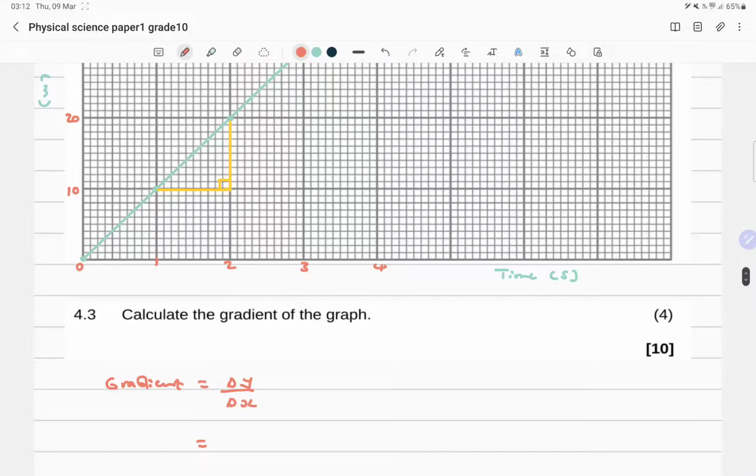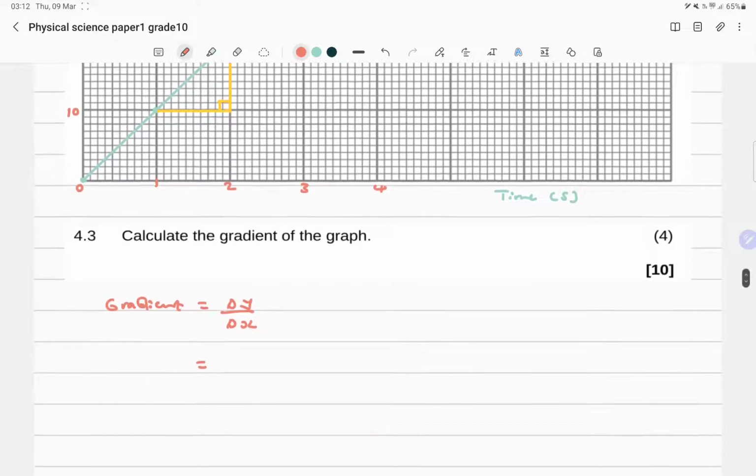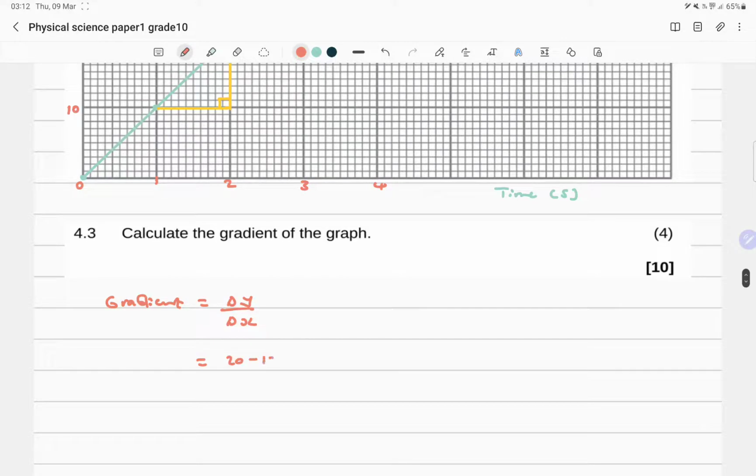Now we can see that the change in y is going to be 20 minus 10 over the change in x, which is 2 minus 1. So basically this is just 10. But remember, this is a ratio, so no measurements.